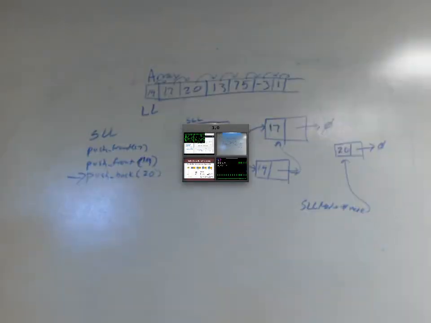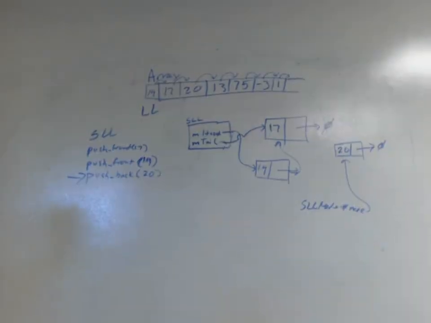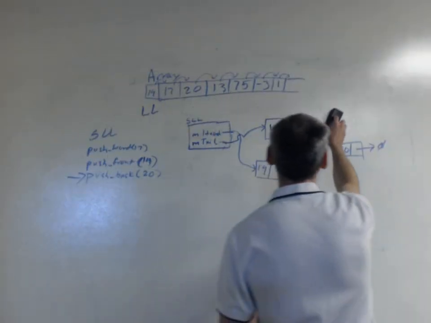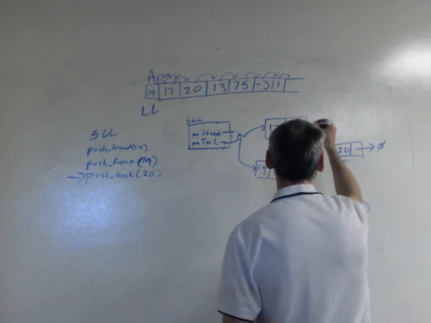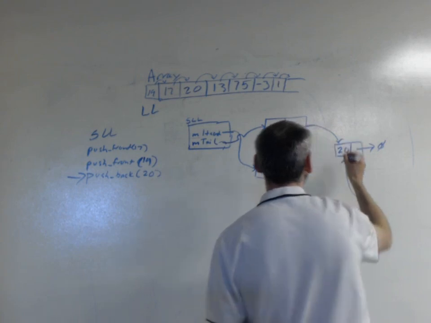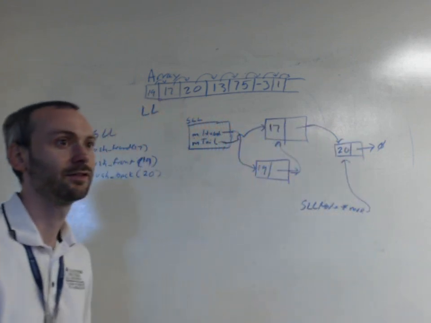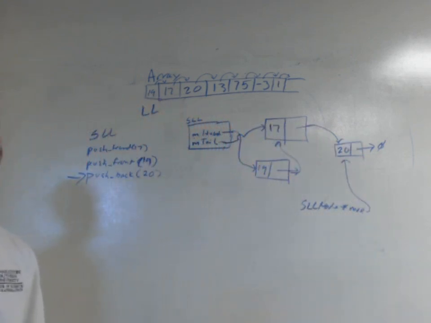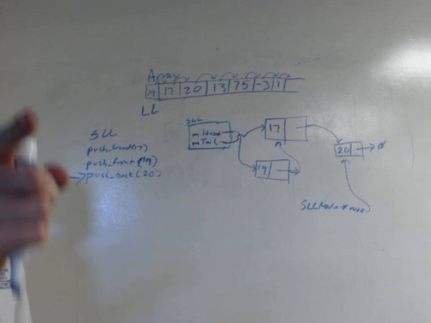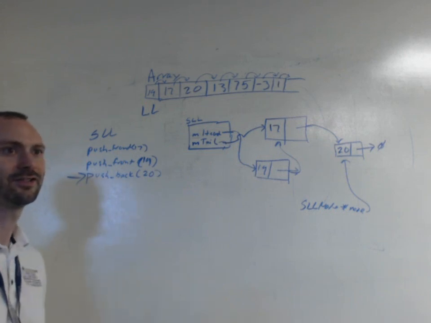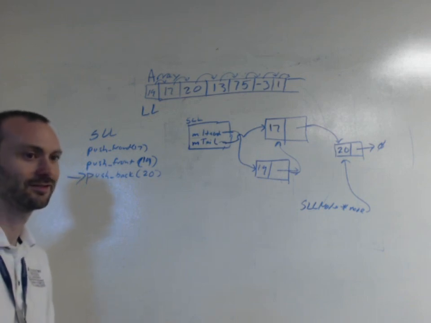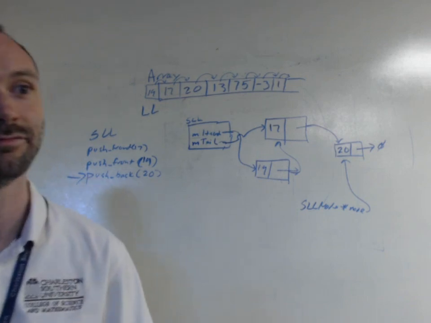Okay, so on the board what we just did was this. Are we done? We need to have the tail point there. Correct. So we need to do that next. Good catch. Mtail equals node. Good. Yes.